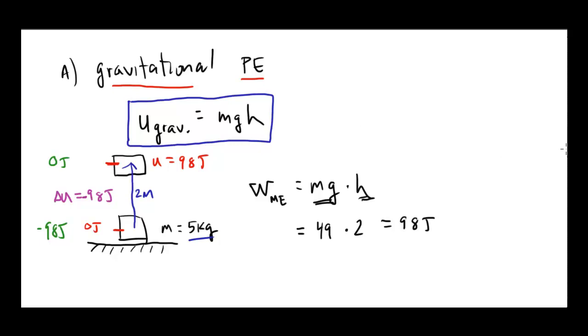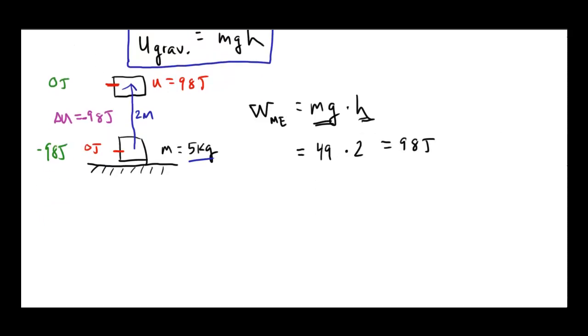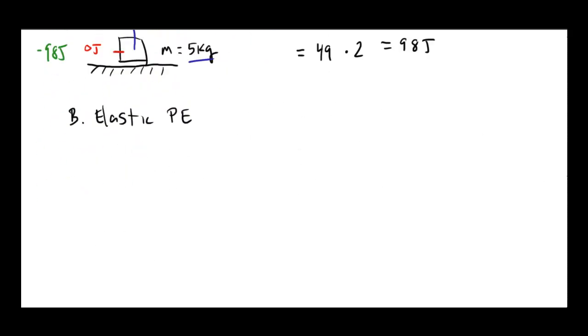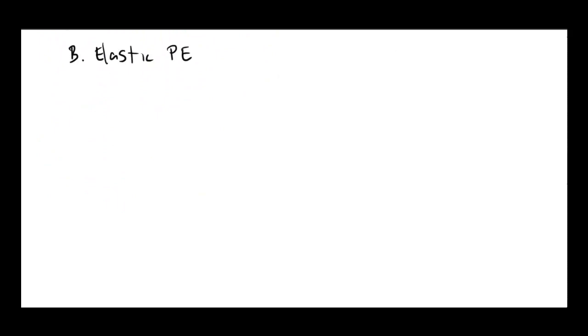Well, I mentioned that there was going to be another type of potential energy, and that is elastic potential energy. There's another way in which you can have potential energy, and that's due to some sort of springy or elastic material.